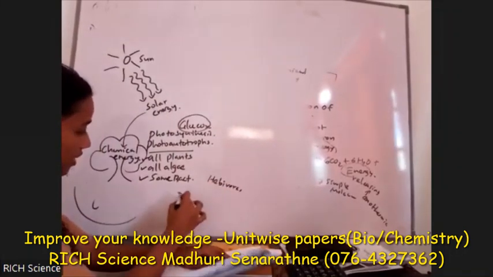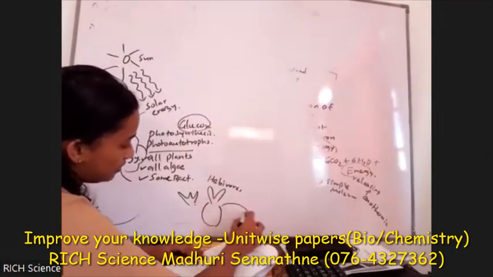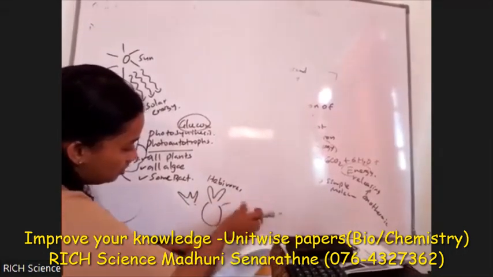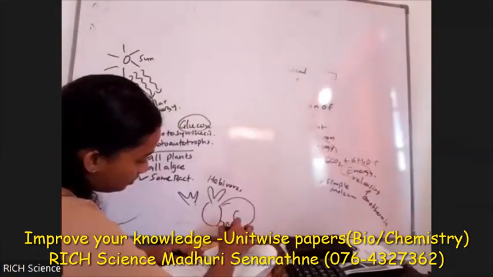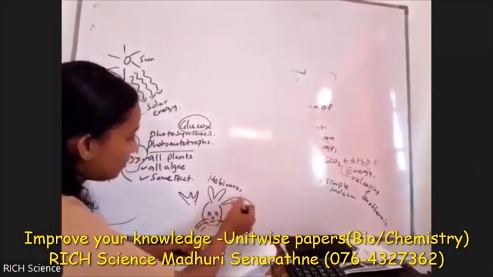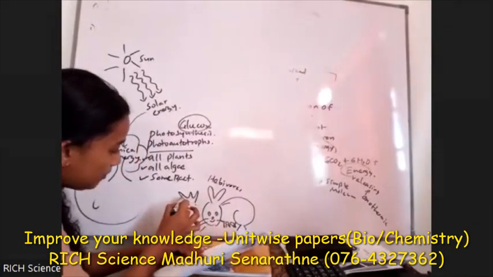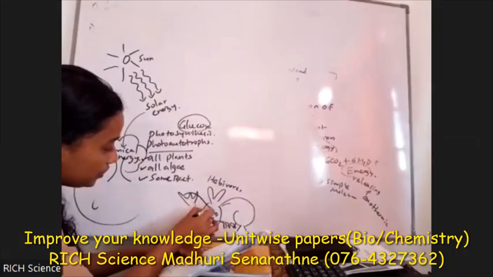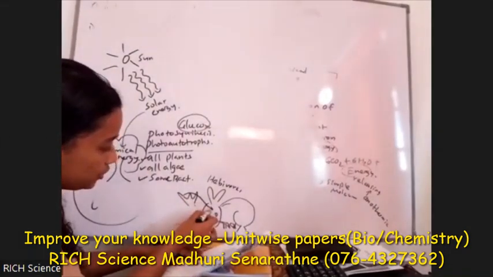If it is a grass, herbivores like rabbits, I cannot do drawings properly. Herbivores eat plants. Then what happens? This chemical energy goes to these bodies. Okay, chemical energy goes to these bodies.